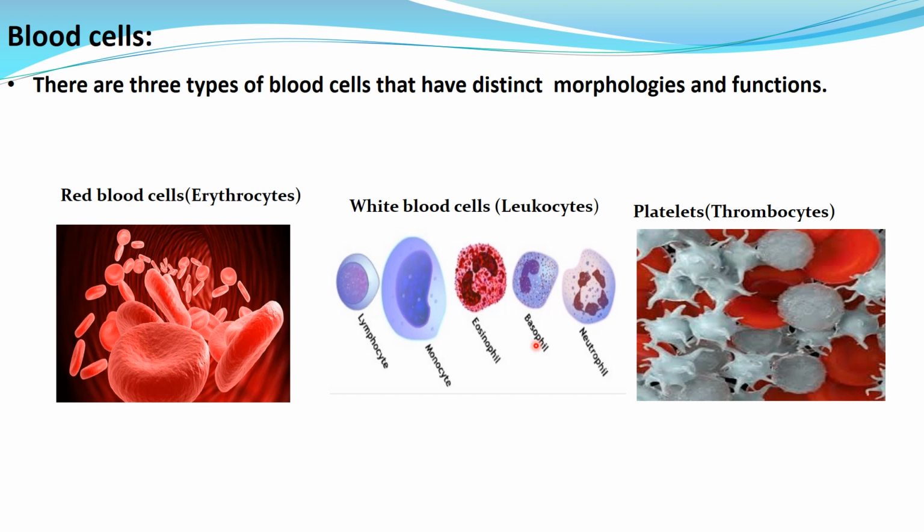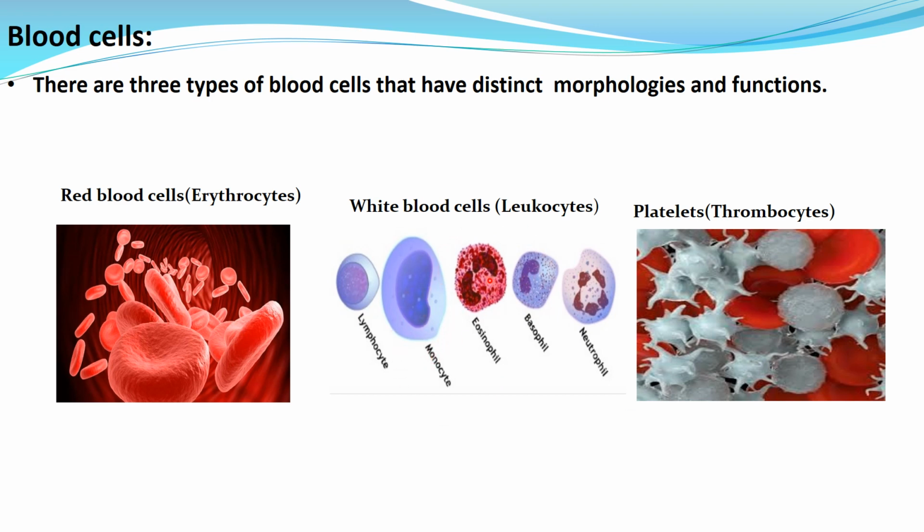Generally, we have three main types of blood cells, and they have different morphology and functions. The first and the most dominant type of the blood cells is called the red blood cell or erythrocyte.